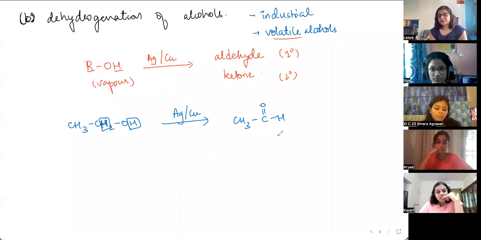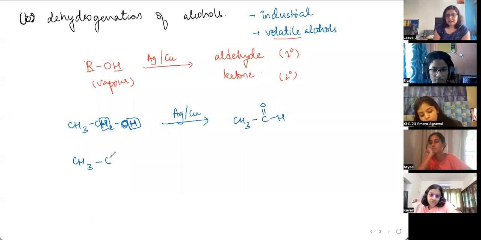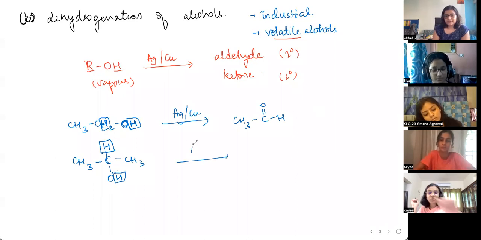It's similar to dehydrogenation of alkanes to get alkenes, except you're losing hydrogen from an alcohol. One hydrogen from here, one hydrogen from here is lost, so this ends up becoming a double bond. If you're working with a secondary alcohol, say isopropyl alcohol, this hydrogen will be lost in the presence of Ag or Cu.